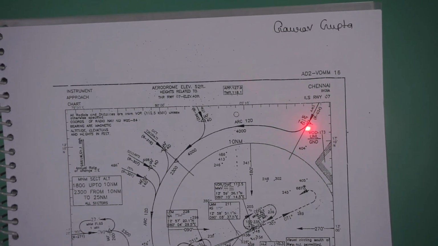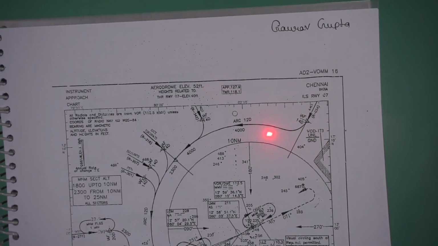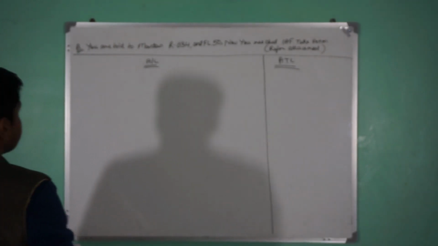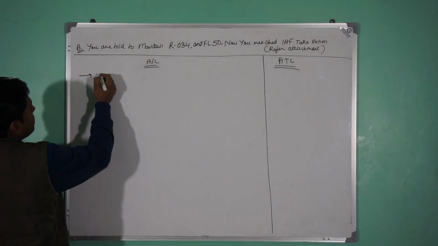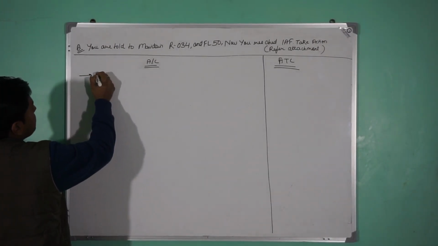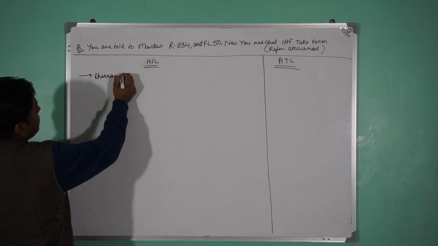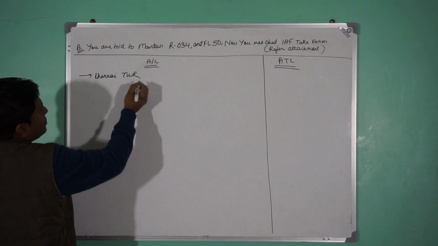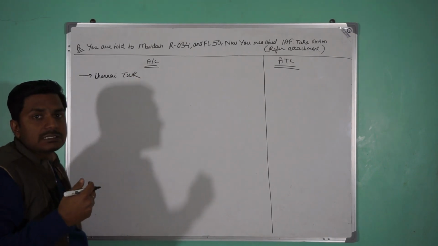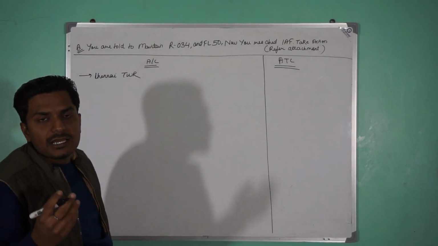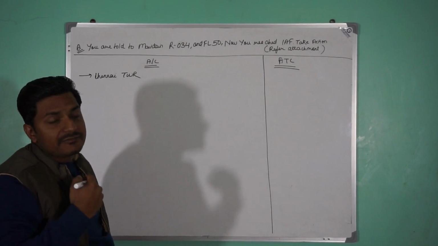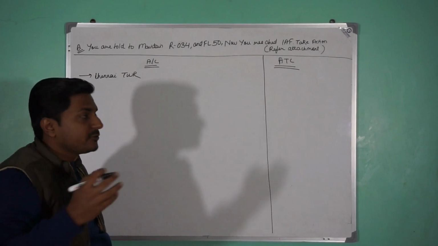At this part you can see I am turning right for the 12 DME arc. So what I'll say in this, because this is Chennai, I'll say Chennai tower. Why am I using tower? I have to follow the charts, the ADS charts, and in the ADS chart, if I am at flight level 50 or below, I have to contact Chennai tower.